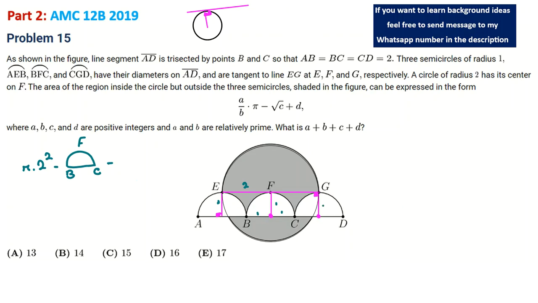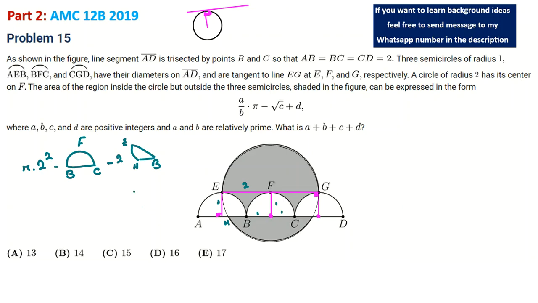And because these two are the same, so minus 2 times a region like this. We call these, for example, A, B, C, D, E, F, G. Let's call this point H. So it will be E, H, B. You calculate this region, okay?